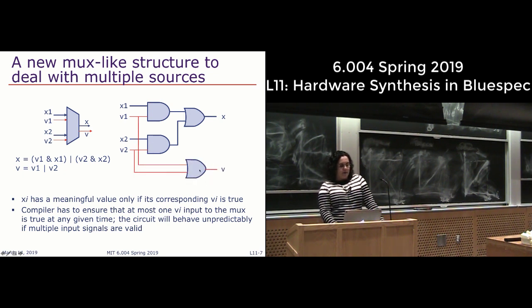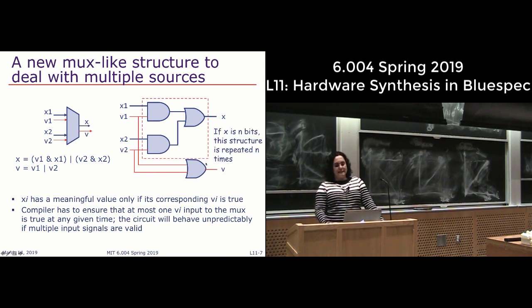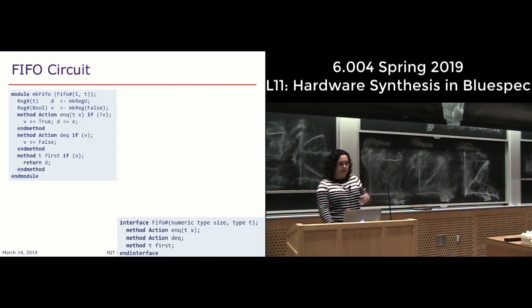V is the OR of V1 and V2, and keep in mind that if X is actually a multi-bit signal, then this portion right here is going to be repeated for every single one of our bits. Okay? With that new gate in mind, let's take a look at what the hardware would look like for this 1-bit FIFO circuit that we've seen already.